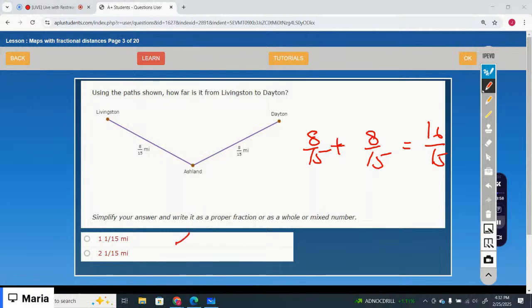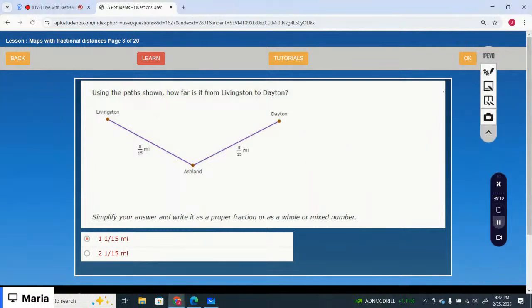So 1 whole 1 by 15 it is. Option number 1 is the correct option.